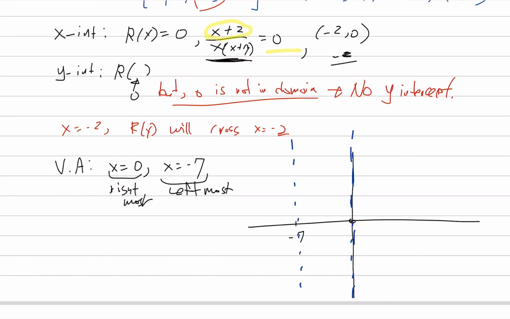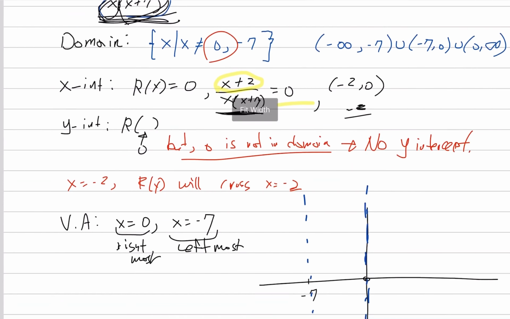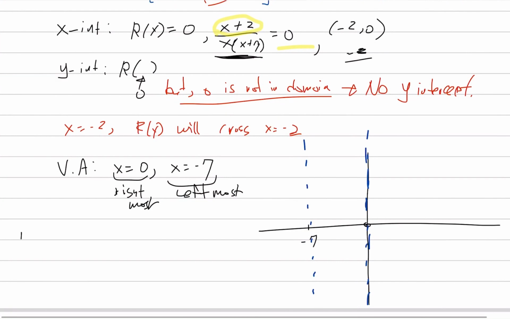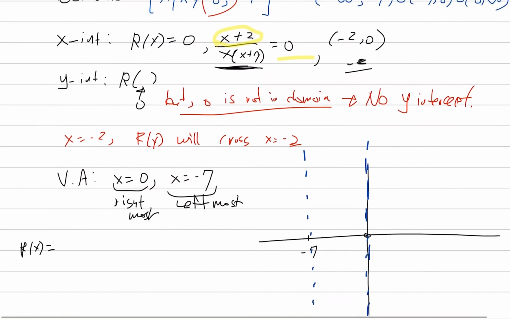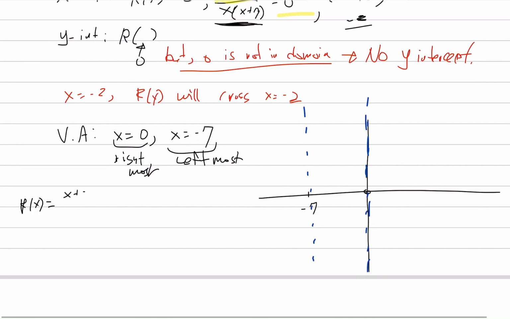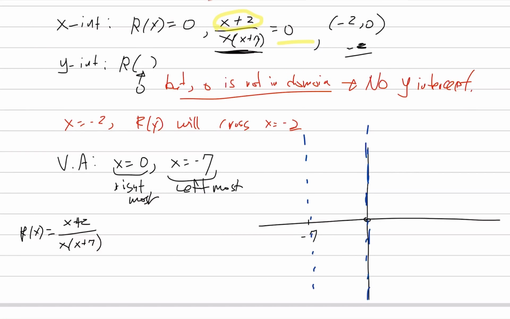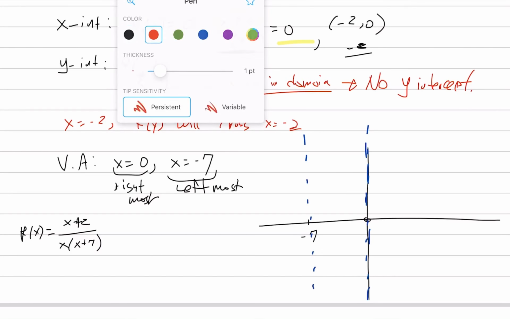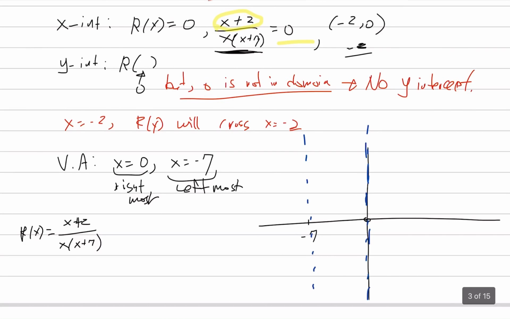Okay, so let me rewrite R(x). R(x) is (x plus 2) over x times (x plus 7), right? So let's just plug in some points. Use a different color. Let's see what we get when x is negative 8.